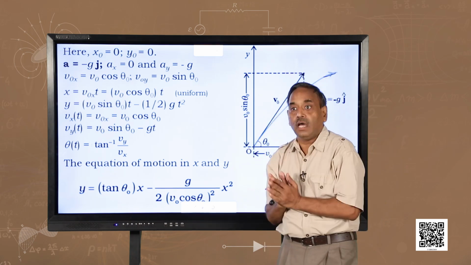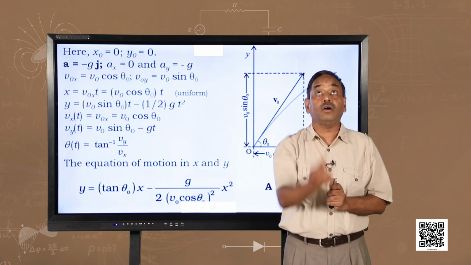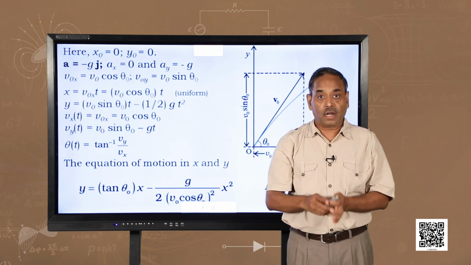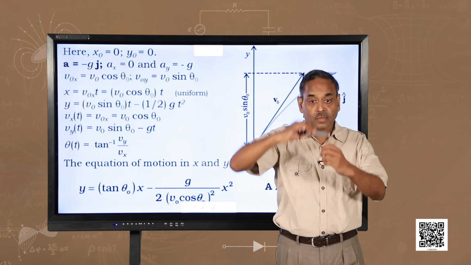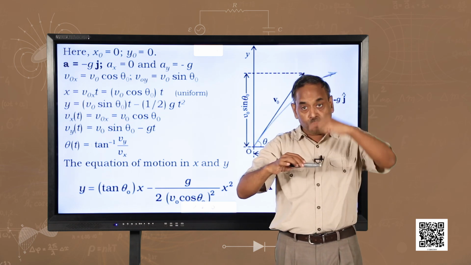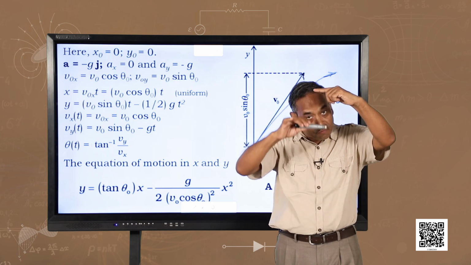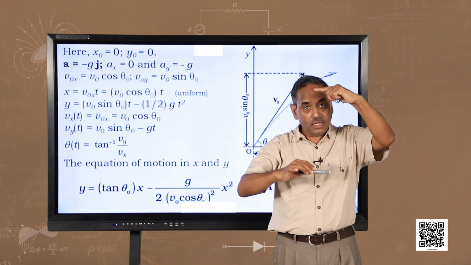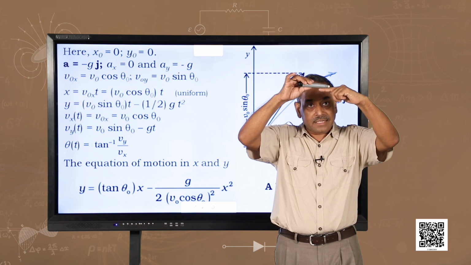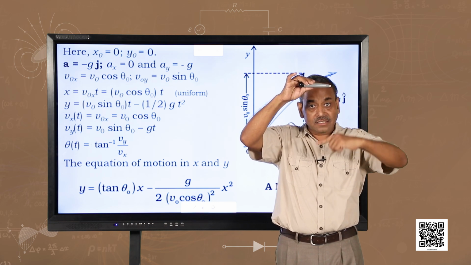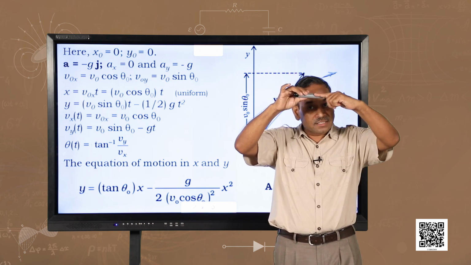In the earlier case, we had only one motion along the y axis, free fall. Now, in this case, we have the two. So, motion along the y axis is governed by the law of gravity. Here, first it is going up, and the acceleration is just the acceleration due to gravity, minus g.